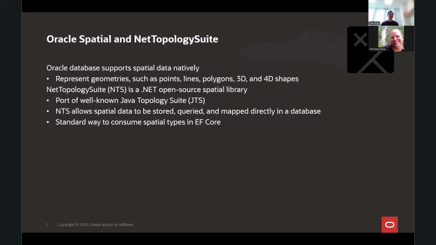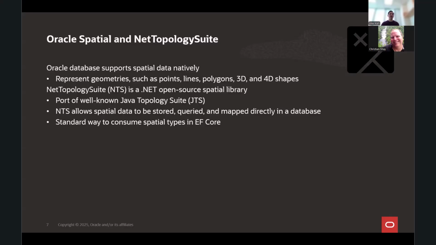NetTopologySuite, or NTS, is a .NET open source library, and it's based on the Java Topology Suite library, so it's a port of that. What it essentially does is take all your spatial data, store it, query it, map it, and do that with your database, and have a generic set of NTS spatial data types that can share data between any database that has NTS library support with your .NET application.